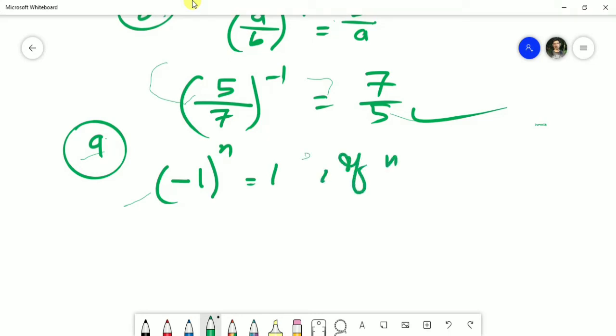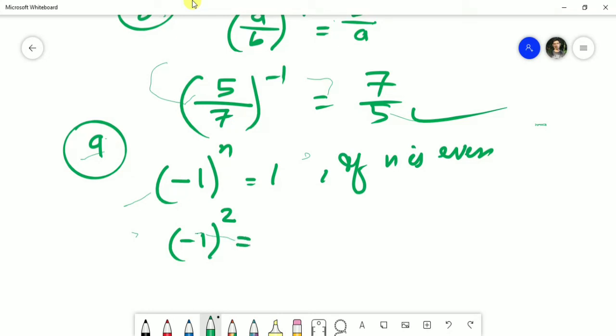Don't worry, I will explain this also. For example, minus 1 with power 2, even. I hope you know 2 means 2, 4, 6, 8, these are all even numbers. If the number ends with the 2 table, whatever comes in the 2 table, these are all even numbers, meaning they are in pairs.